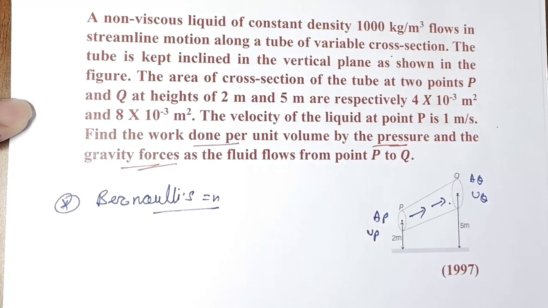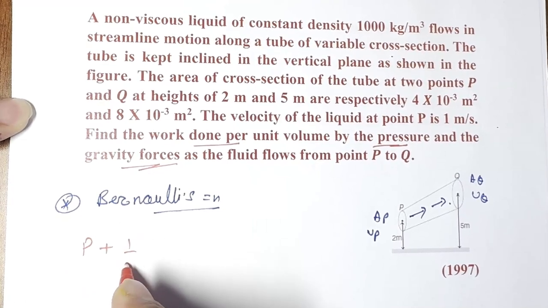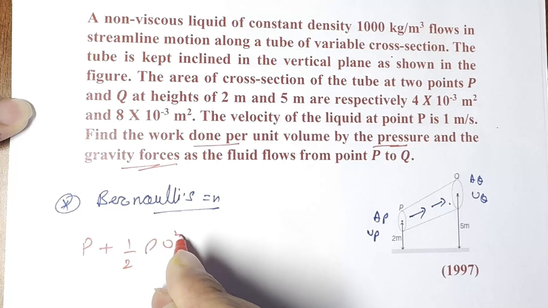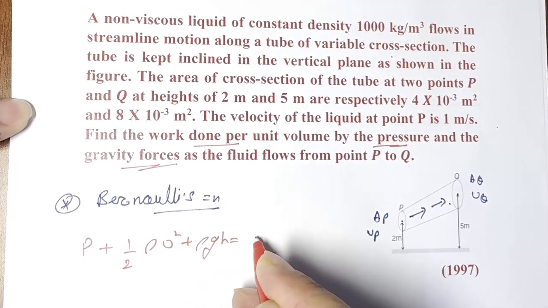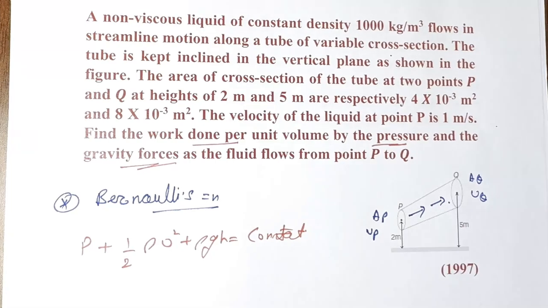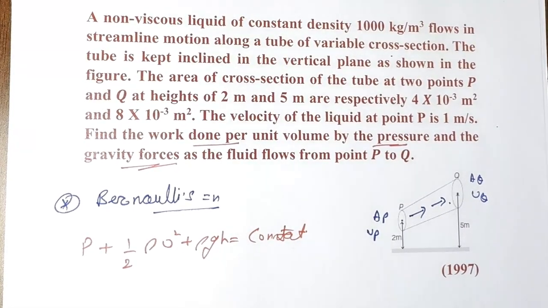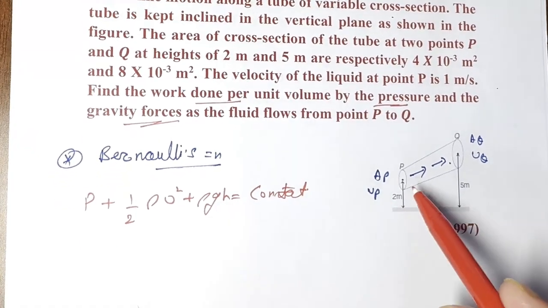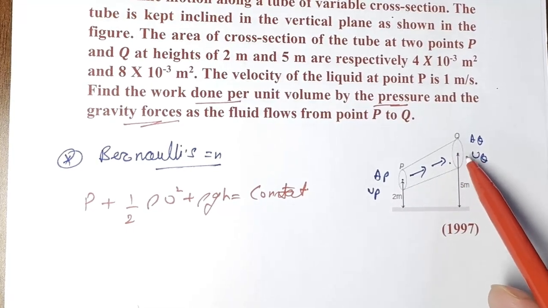Bernoulli's equation gives us P plus half rho V square plus rho gh is constant. This is our Bernoulli's equation, and we are going to modify this Bernoulli's equation for the cross-section area P and for cross-section area Q.